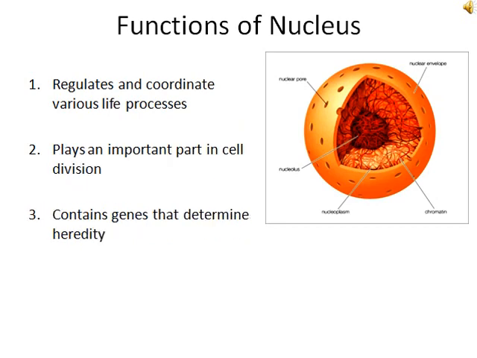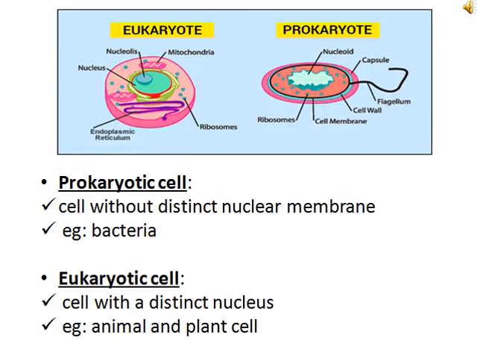They are called eukaryotic cells. But very small organisms like a bacterial cell have no nuclear membrane. They are called prokaryotic cells. So depending on the presence of nuclear membrane, there are two types of cells, prokaryotic and eukaryotic.